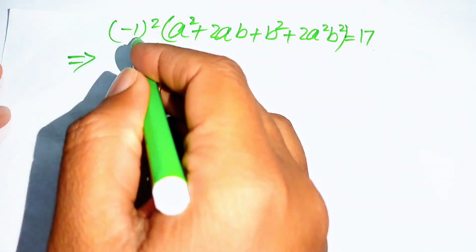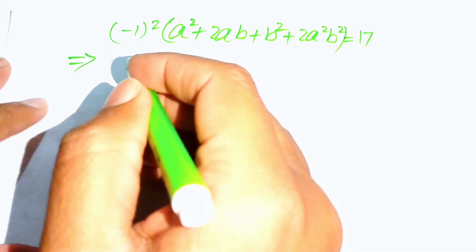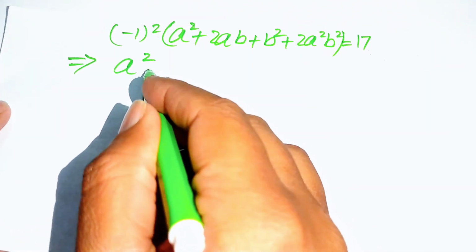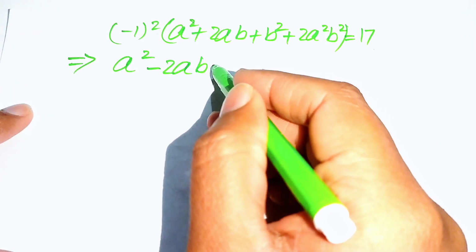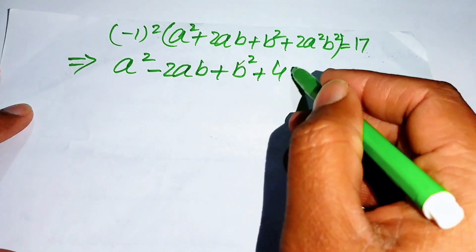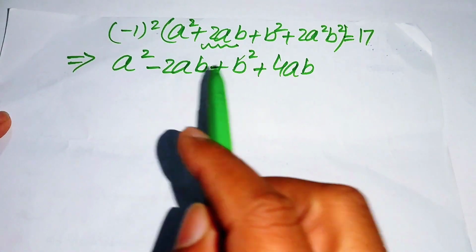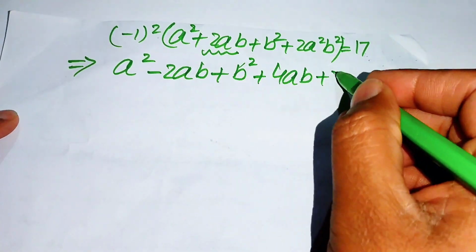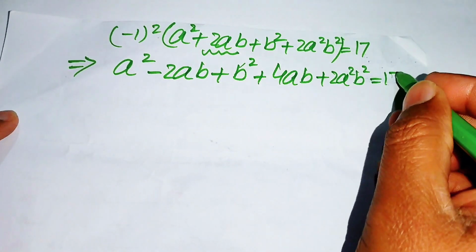So this becomes plus 1, and we write this expression as a², minus 2ab, plus b², plus 4ab. We write 2ab as minus 2ab plus 4ab, and this is plus 2a²b² equals 17.